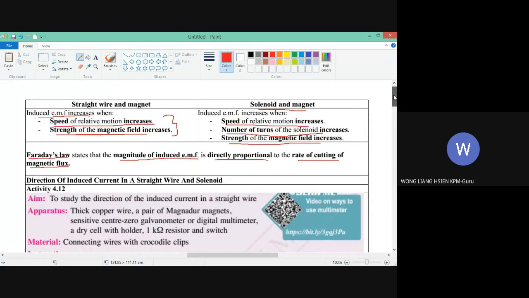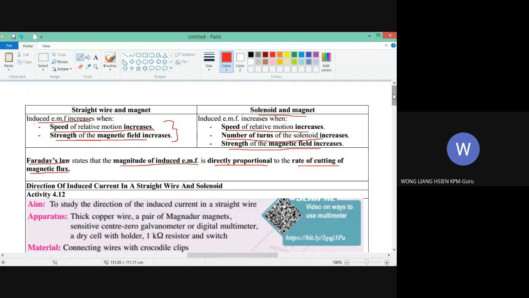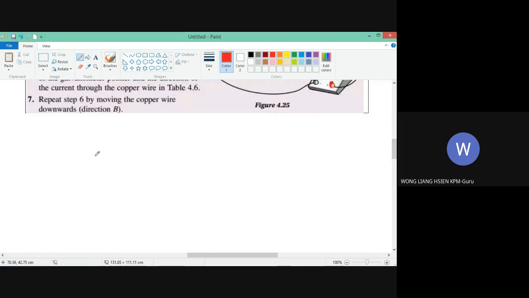If the bar magnet can produce a stronger magnetic field, that means the density of the magnetic flux will be higher. That means like this. We compare two bar magnets, let's say this one and this one. This one is like this, compared with this one.